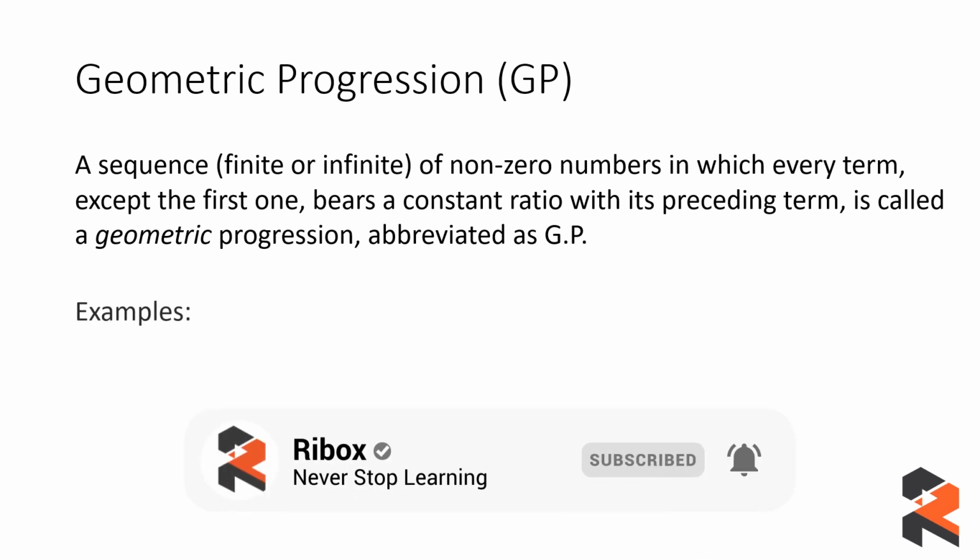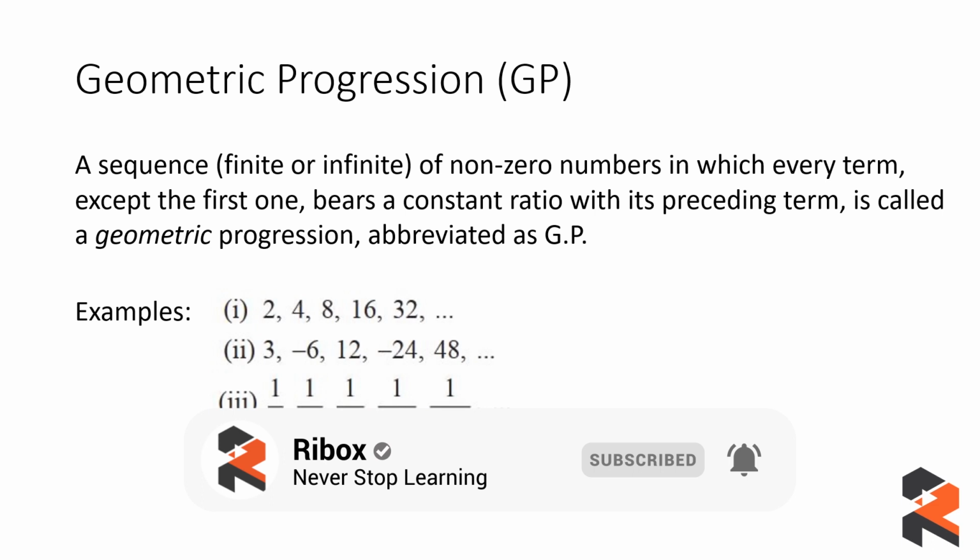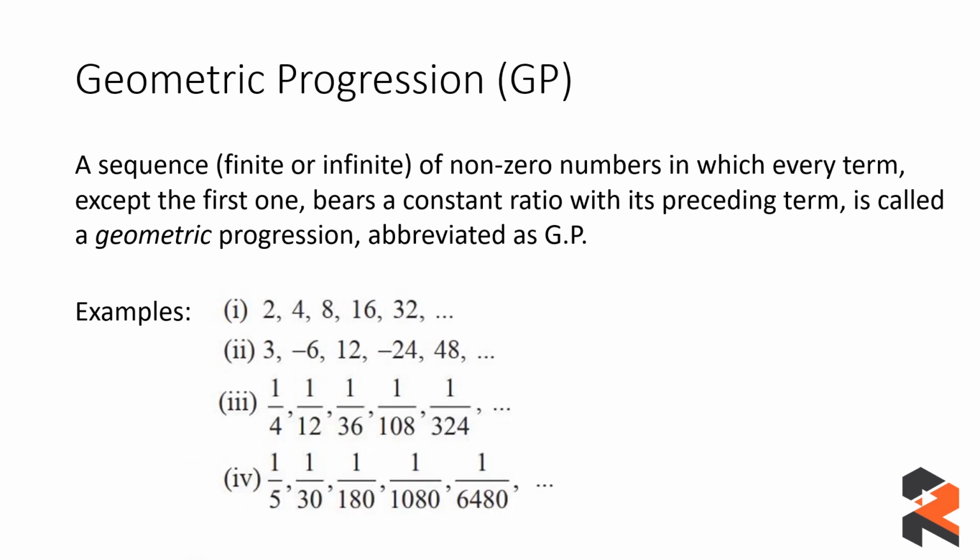So let's look at the first example. As you can see, 4 divided by 2 gives 2, 8 divided by 4 gives 2, 16 divided by 8 gives 2, 32 divided by 16 gives 2, which means that there is a constant ratio between the consecutive elements. If you look at the third example, you will find that on dividing 1 by 12 by 1 by 4, you will get 1 by 3, which is a common ratio across all the consecutive elements.